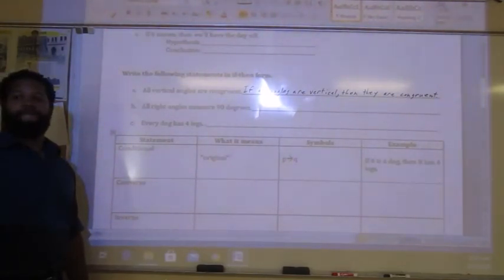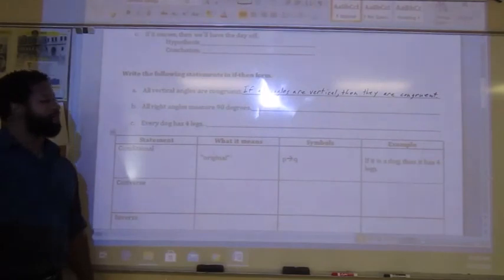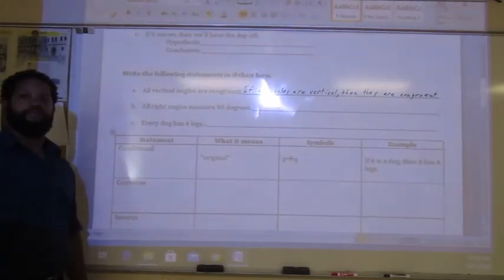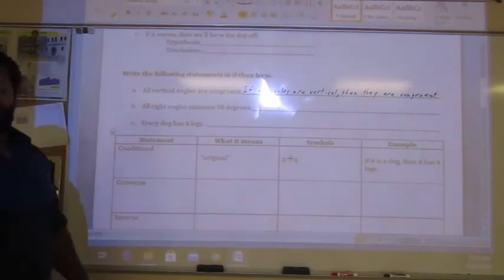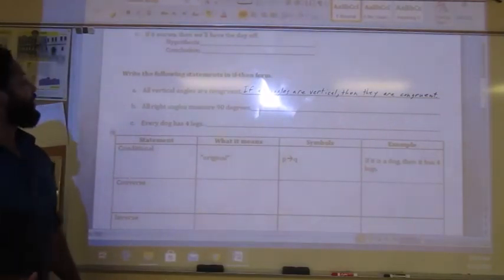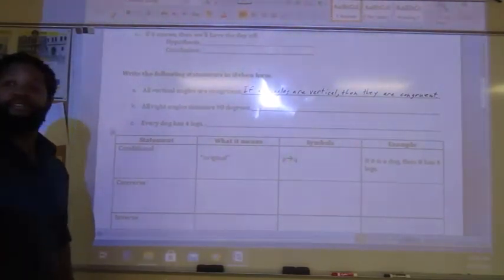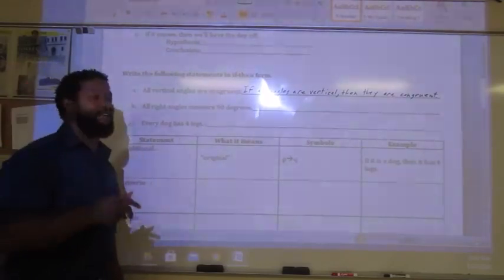If all angles are 90 degrees. Yes, I was actually looking for if all angles are right, then they measure 90 degrees, but that works as well. Say it louder.